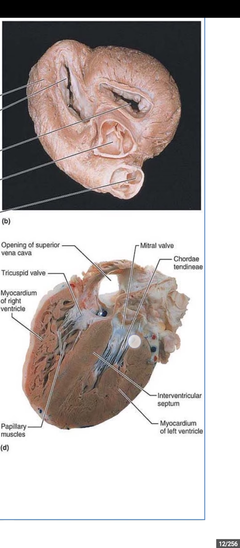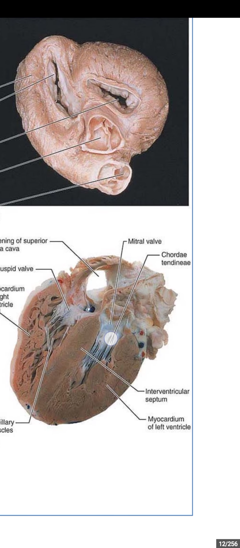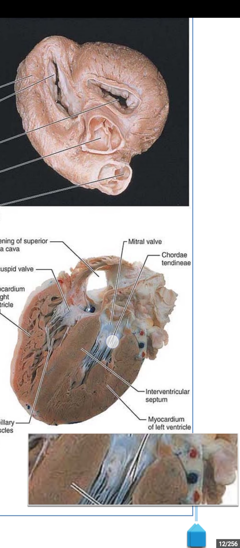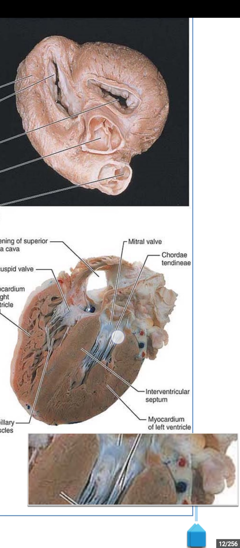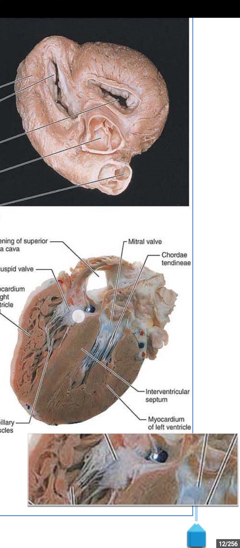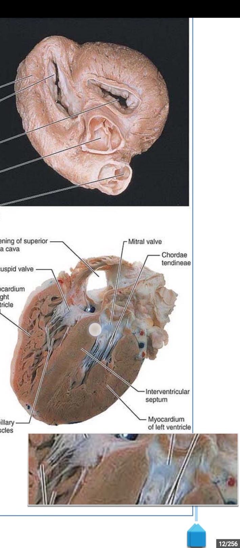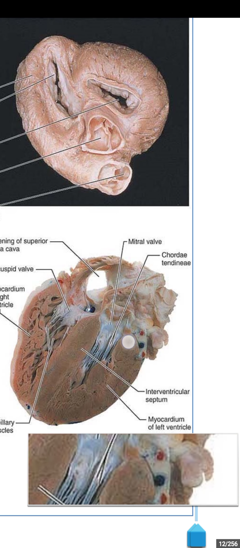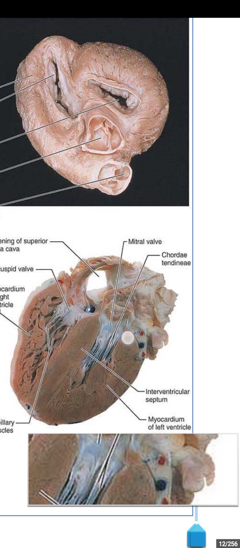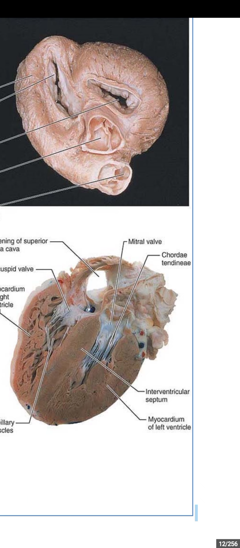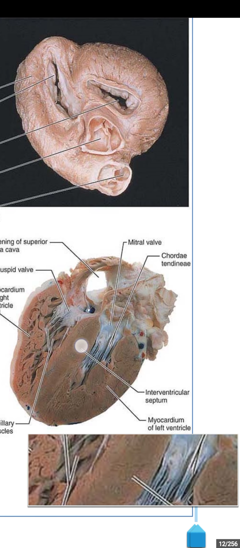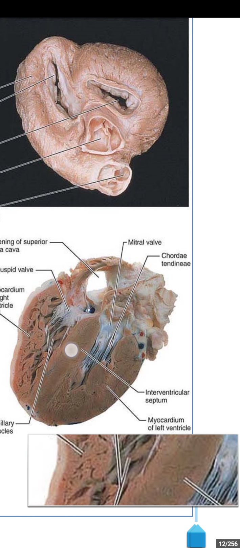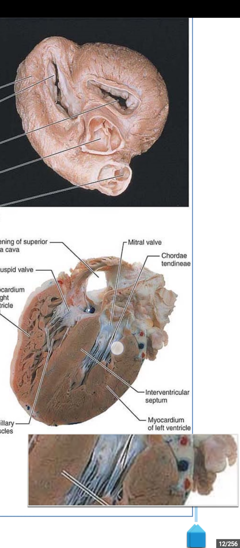Next, on the left side, you can see the chordae tendineae much more clearly, and they are situated more closely than in the tricuspid valve, because the mitral valve contains only two cusps. We can see the big interventricular septum between the right and left ventricles.